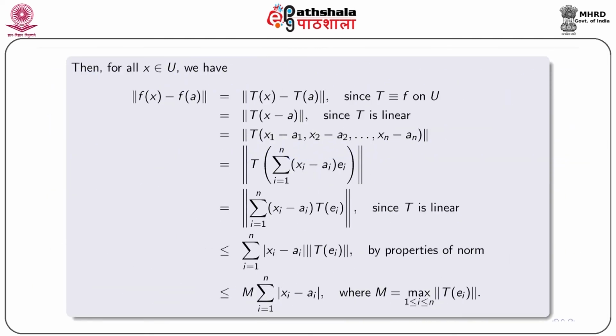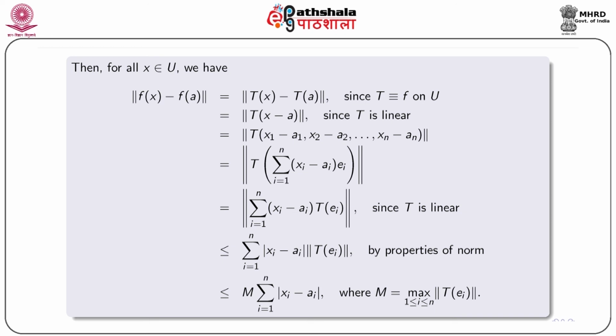Then for every x in U we have norm of Fx minus Fa, that is norm of Tx minus Ta. As T is linear, we can write this as T times x minus a. Now we write down x minus a in extended form, that is summation i equal to 1 to n (xi minus ai) ei.